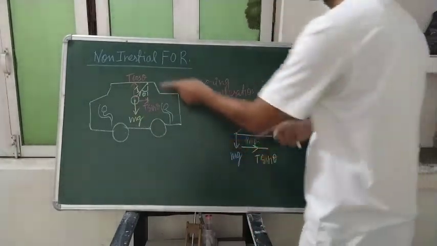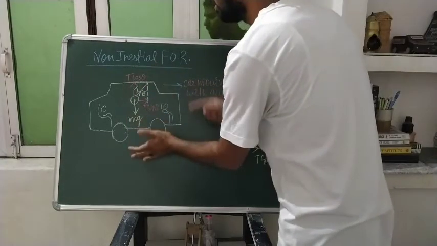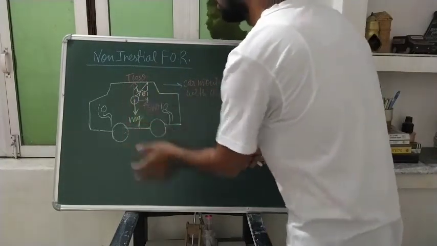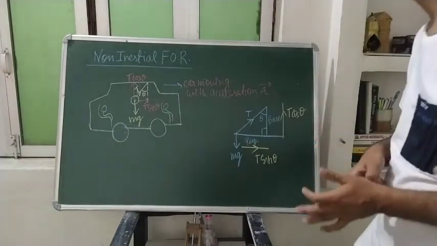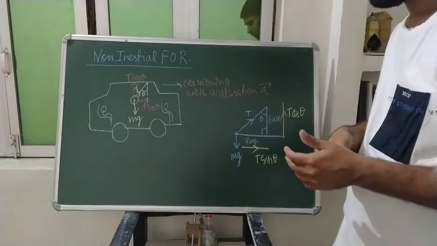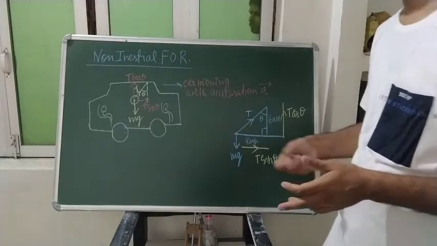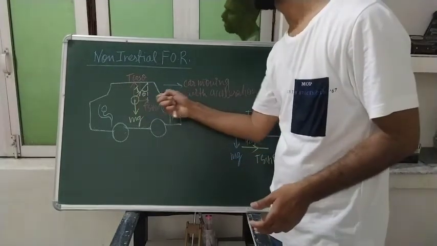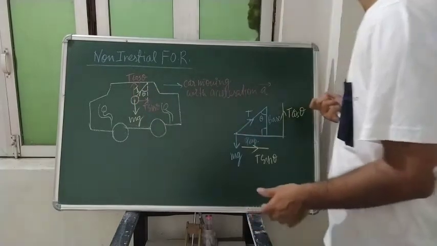This T cos theta will get balanced by the weight of the bob. Still we will have T sin theta in this direction. So you are looking that T sin theta is acting in this direction.